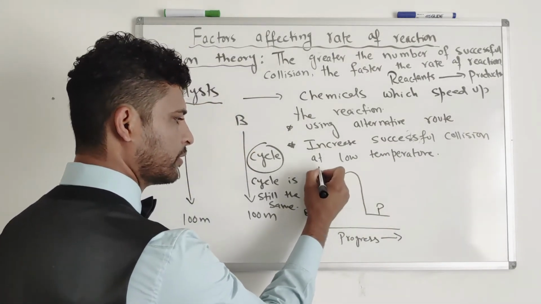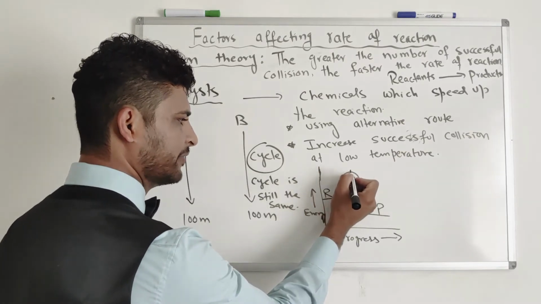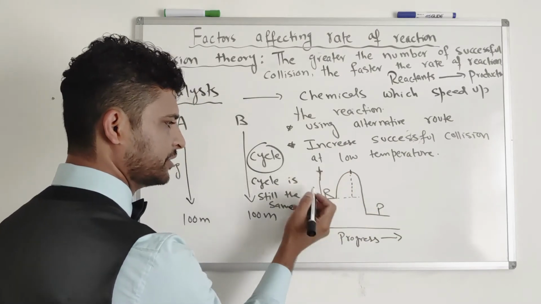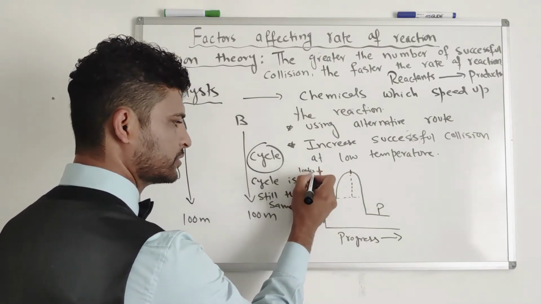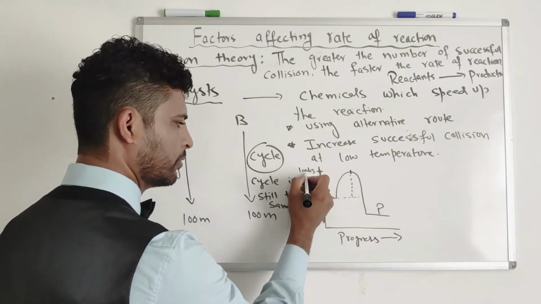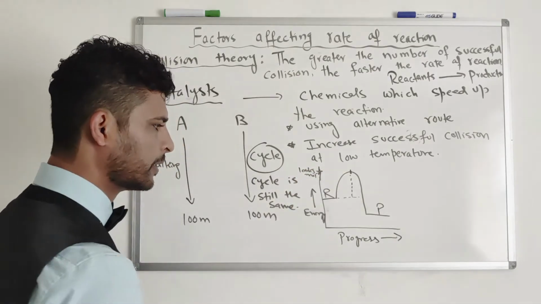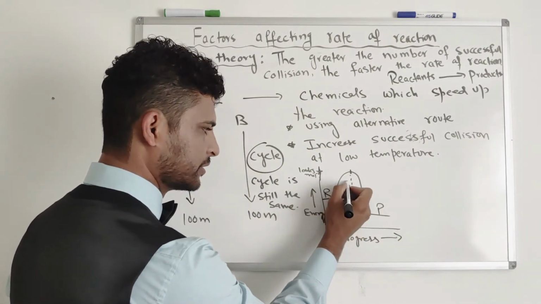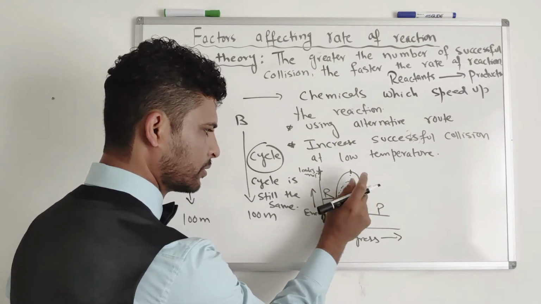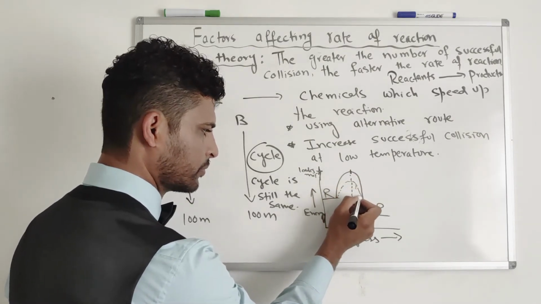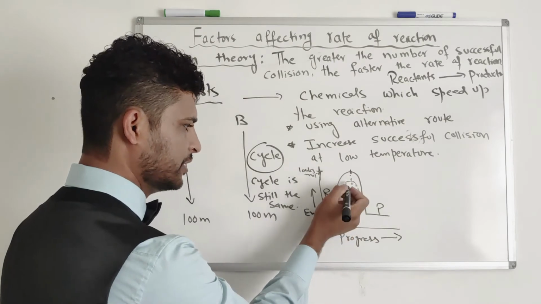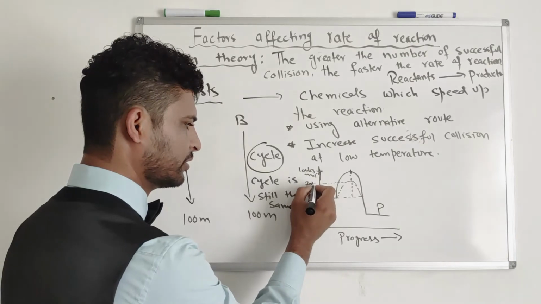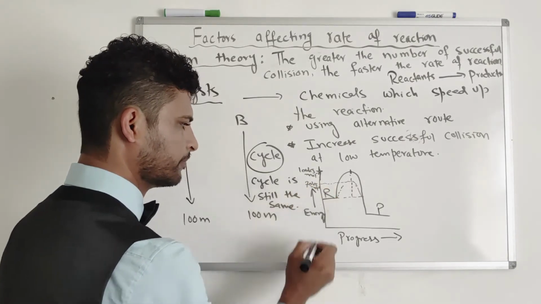If the reactants require the activation energy up to here, which let's just say is 100 kilojoules per mole, the catalyst will decrease that activation energy. So you can see that it will reduce to 70 kilojoules per mole.